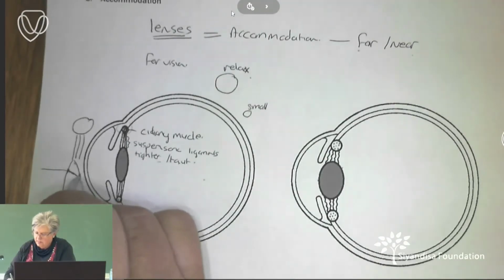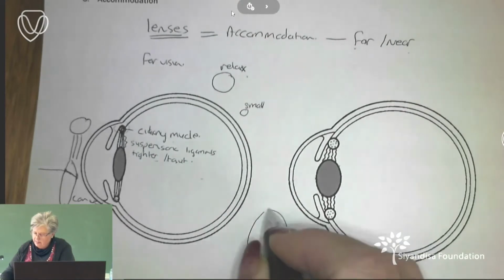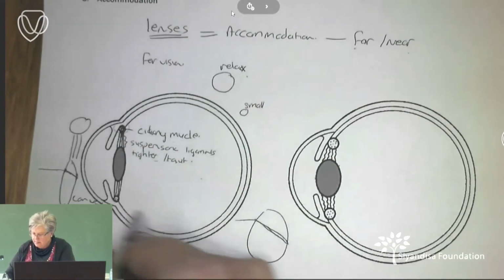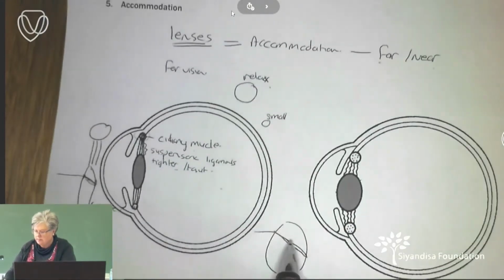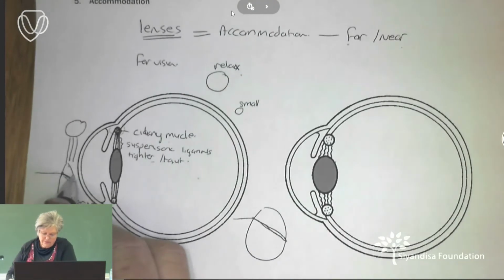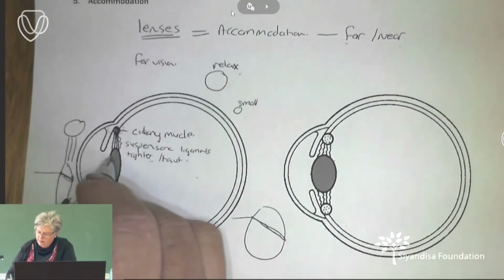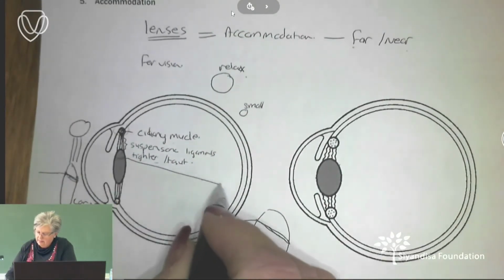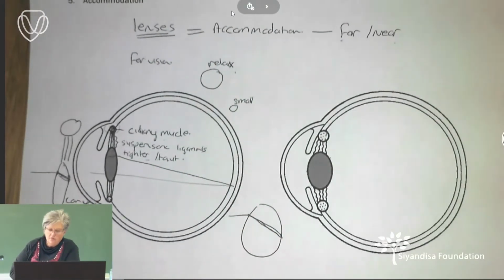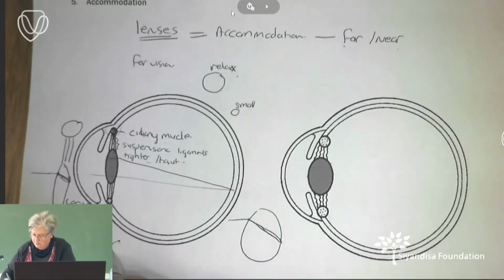From there to there, they are less bent than when they are here. If it comes in here, there's a big bend, while there's a small bend there. So it becomes less bent and focuses on the retina, and it's sent far. So that is far vision.